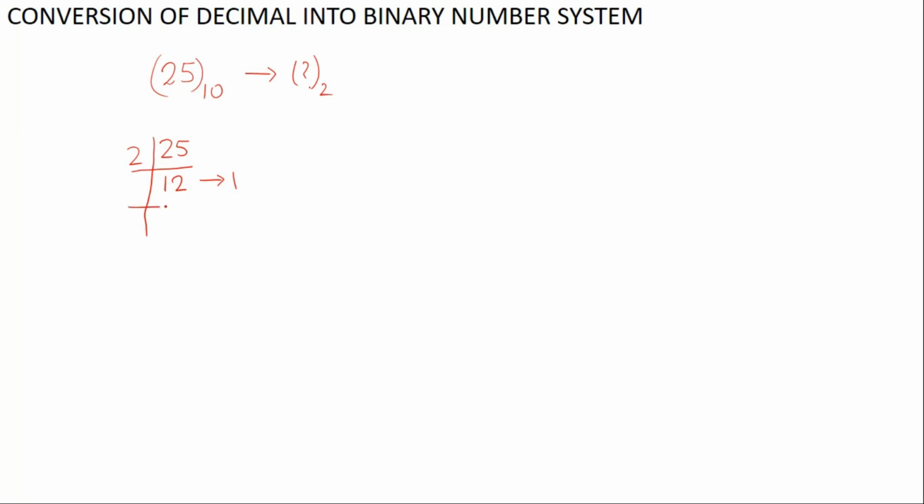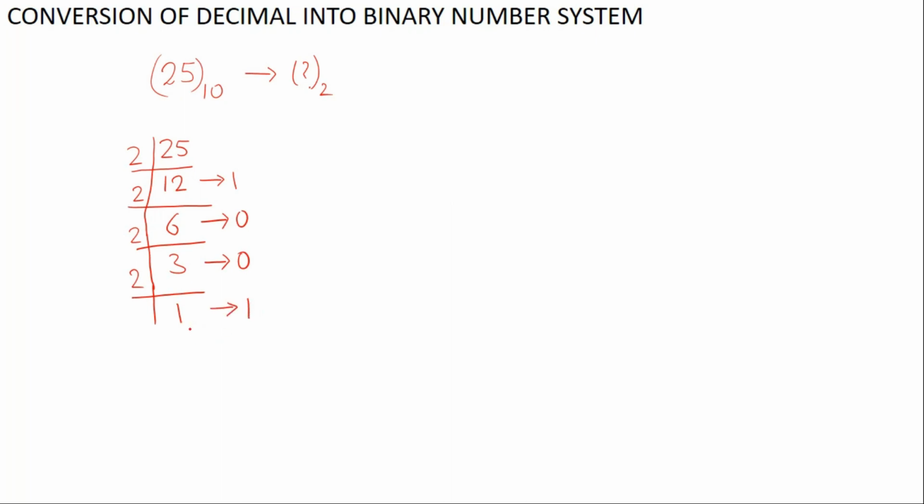Now we will divide this 12 by 2. 2 6s are 12, that means 12 is completely divisible, so the remainder we will write here, that is 0. 2 3s are 6, again completely divisible, that means 0 again. 2 1s are 2, that means remainder we are getting 1.